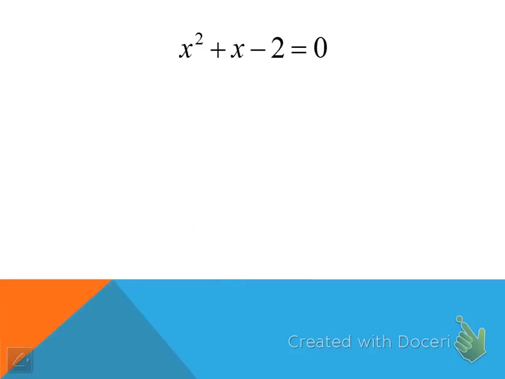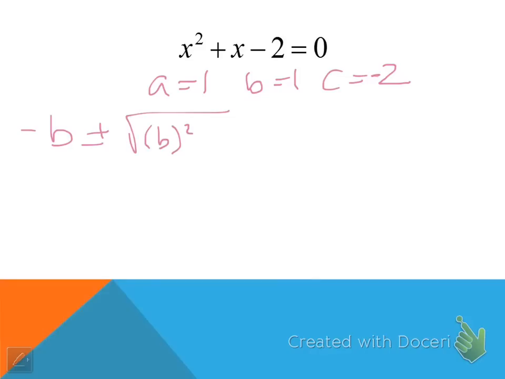Okay, so let's try this. My a equals 1, my b equals 1, and my c equals negative 2. My equation was negative b plus or minus the square root of b squared minus 4 times a times c all over 2a. Since I can do this, I'm going to erase the spots and replace them.